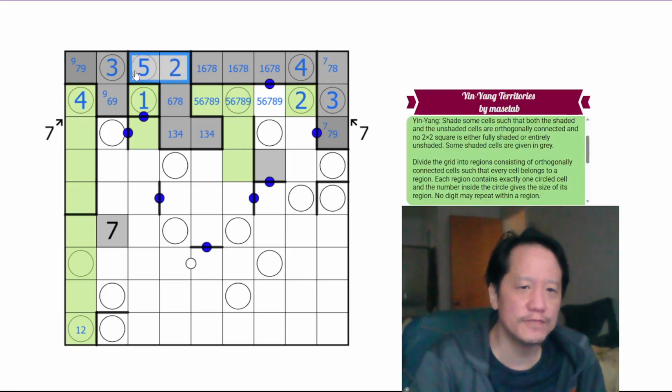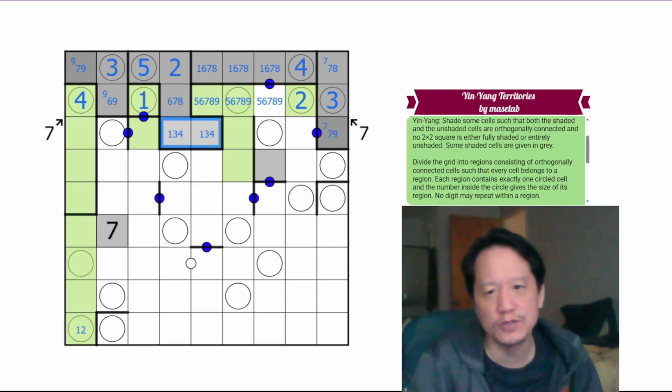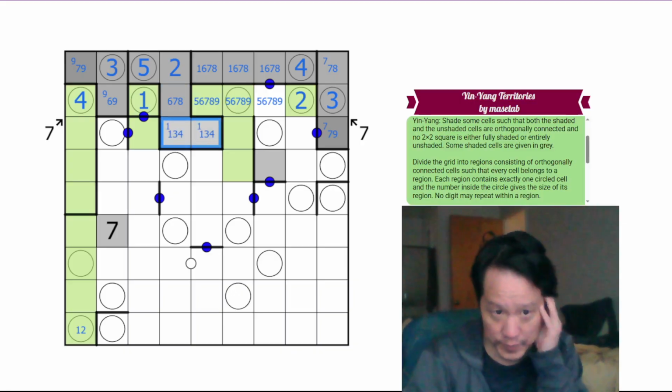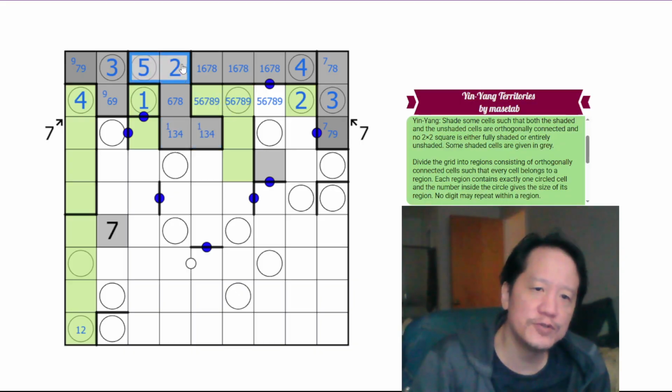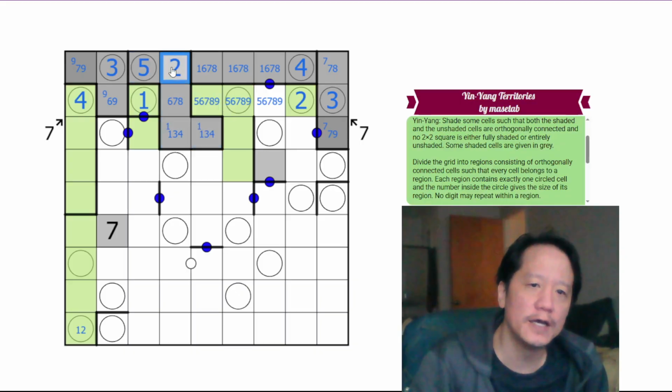Can you have 5, 2, 3, 4? I think the answer to that is no. Yeah, 2, 5, 3, 4, 6 adds up to 20. So you're guaranteed a 1 here. So 5, 2, and 1 add up to 8.